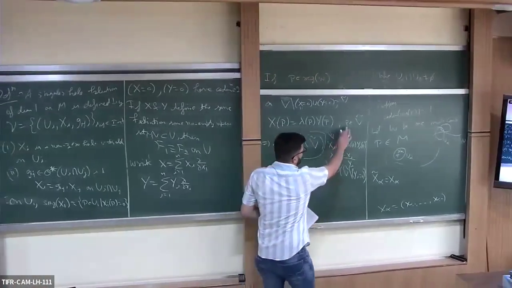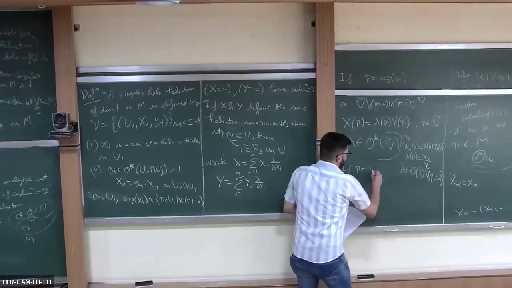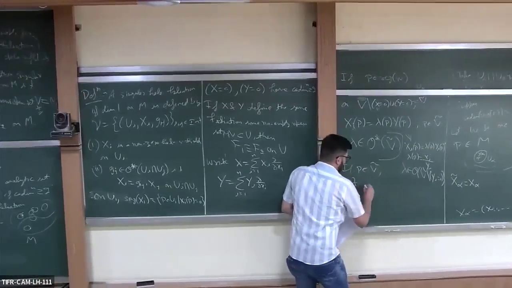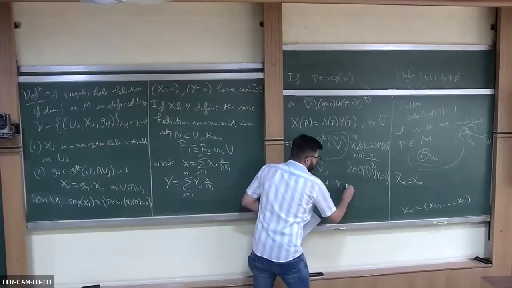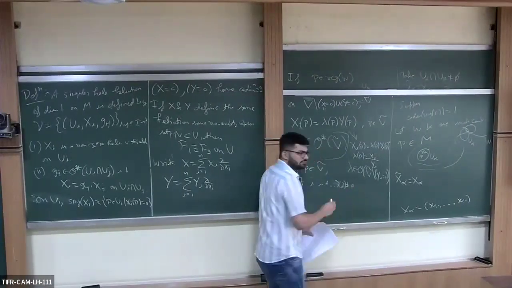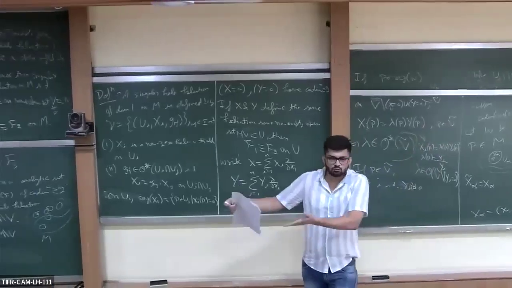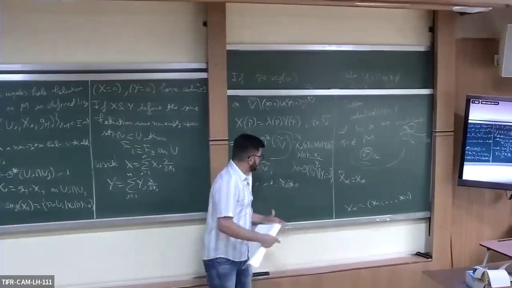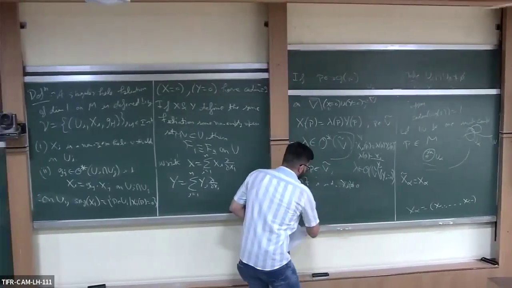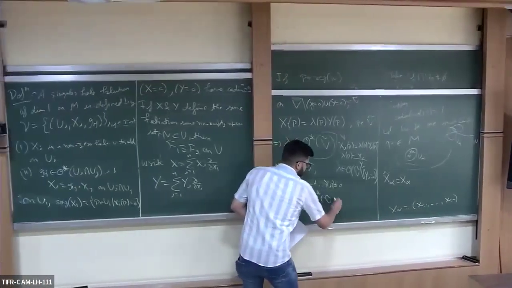But if you take a point P in V tilde, there exists an i such that yi is non-zero, because the vector field y is non-zero, so at least one component must be non-zero. From these two properties we get that this lambda is non-vanishing on V tilde.